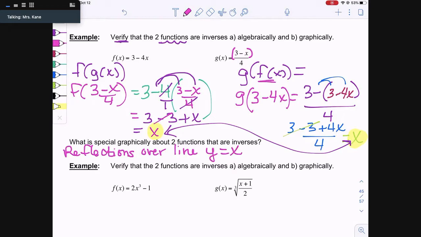So that x means something in the equations. In the graph, it means that they should reflect over that line. So we talked about reflecting over the x-axis. We talked about reflecting over the y-axis. Well, if lines or graphs reflect over y equals x, then they're inverses of each other. Questions?